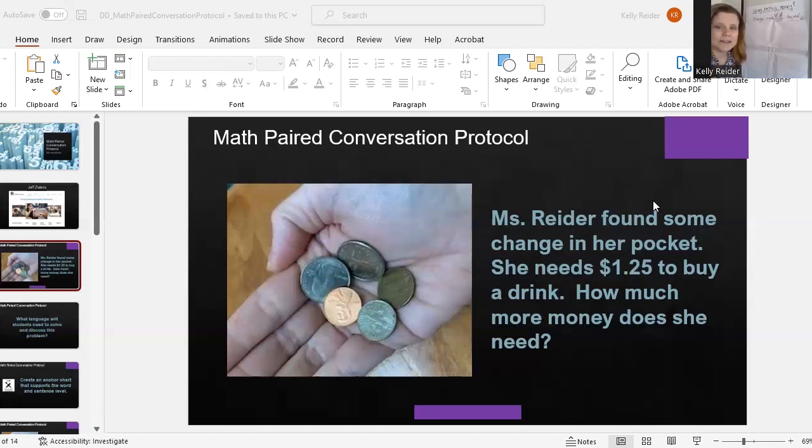All right, what else do you see in this problem? I'm thinking we're talking about money. So if we're using coins and change, another word we're going to need, right? We might be talking about cents, right? Dollars and cents.